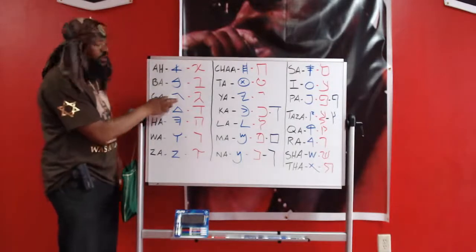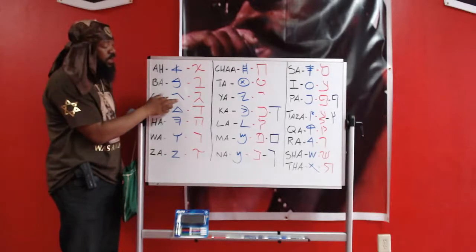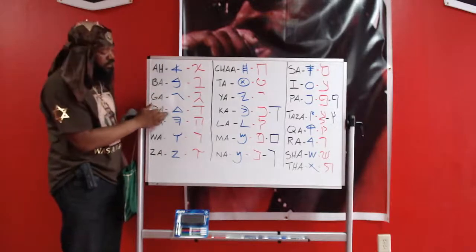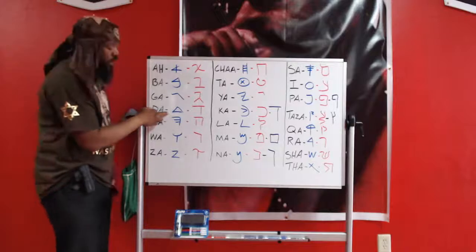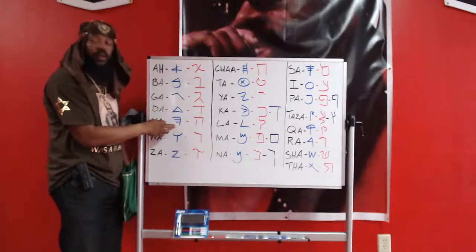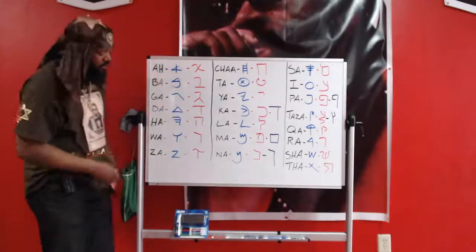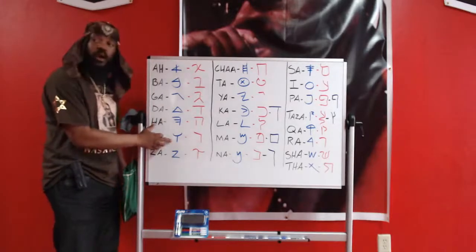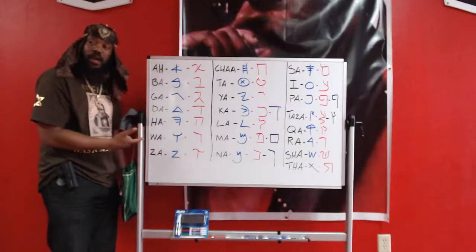Ga, incomplete triangle. Da, triangle. Ha, backwards English F. Y kind of resembles the English Y, doesn't it?